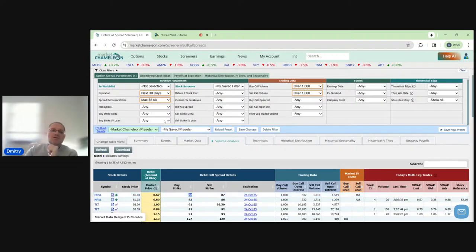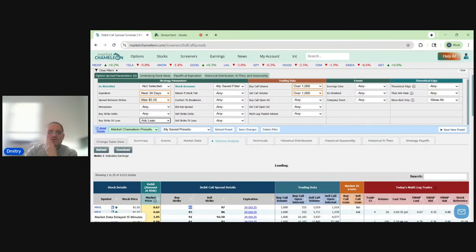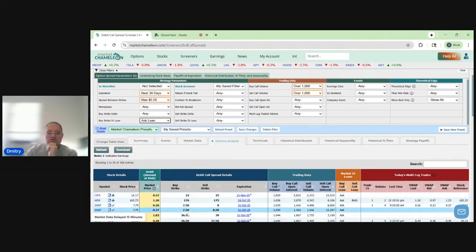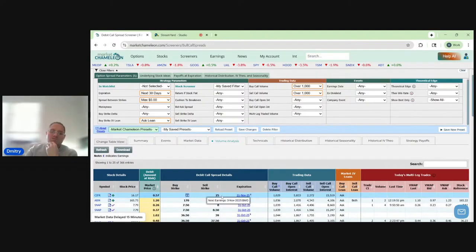So I'm going to click on that, and there's going to be a lean on the ask price. So this is going to look for leans on the ask price, on the option that right here is designated. So you see here, ask lean. But we might want to do the same thing on the other side. Well, now we're buying one option, we're going to be selling the other option.